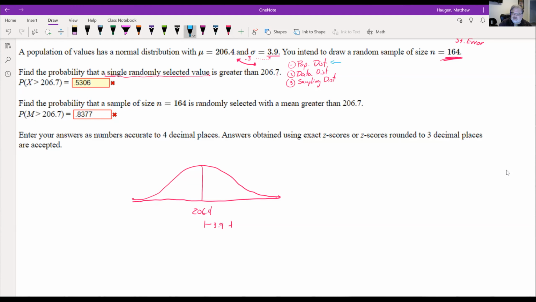It doesn't really matter, they express the same thing. So this question is happening up in the single values world, where we're looking at one particular value. That's the population distribution or the individual data distributions. So essentially that makes this first question a Chapter 7 question. Fair?